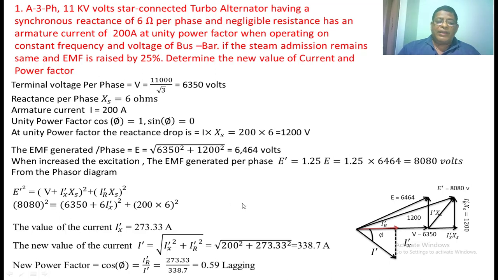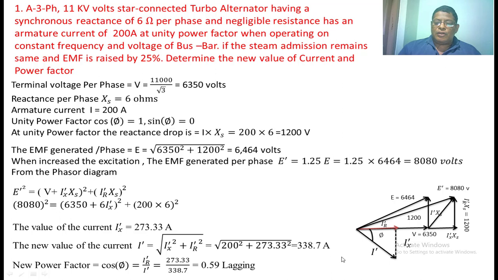Now substitute all the values. The new voltage is 25% more than the old induced voltage of 6464, so the new voltage equals 1.25 into E, which gives 8080 volts. So 8080 square equals (6350 plus 6 I X dash) whole square plus (200 into 6) whole square.